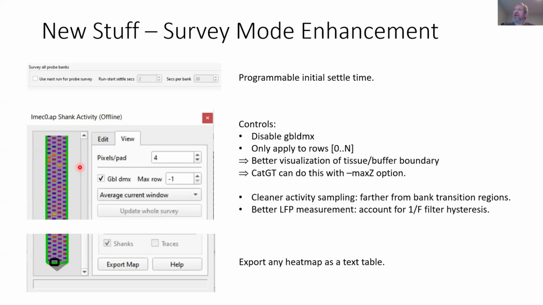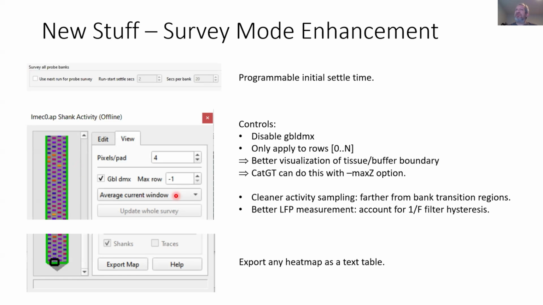For example, the start of a run, you have to wait for amplifiers to settle. And when you go from bank to bank surveying activity on the probe, you have to transition the hardware to new settings and it has to settle again. So we're improving the margins around these regions, staying more clear so we get better signal.